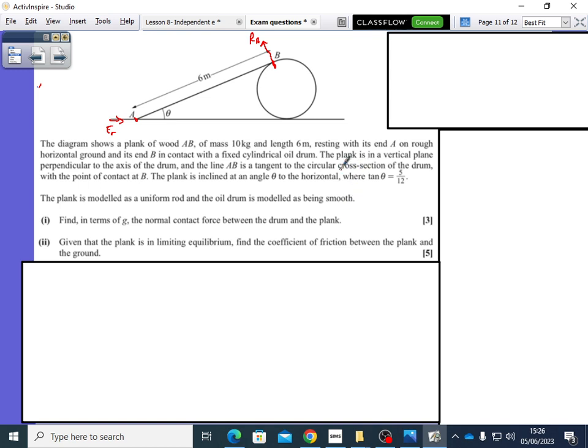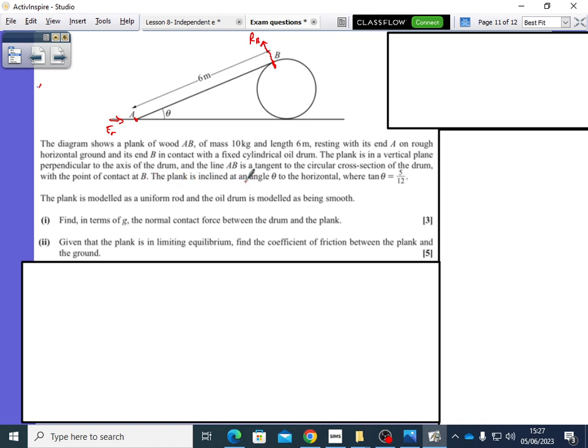Okay, the plank is in the vertical plane perpendicular to the axis of the drum. It's up at the right, so that's just there. Line AB is tangent to that. Okay. Cross section of the drum with the point of contact B. Okay.